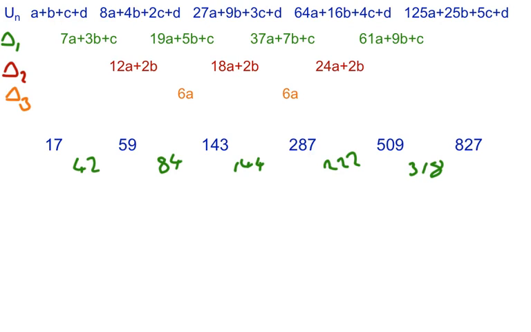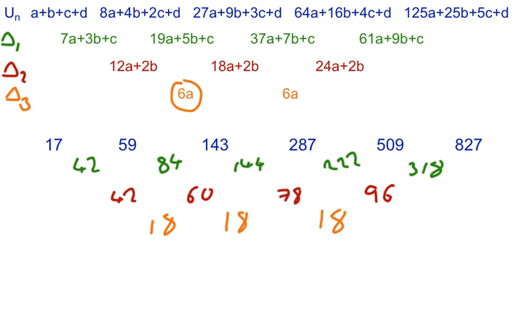The second differences are 42, 60, 78 and 96, and the third differences are 18, 18 and 18. The third differences are all equal, so we are indeed dealing with a cubic sequence, which is handy.